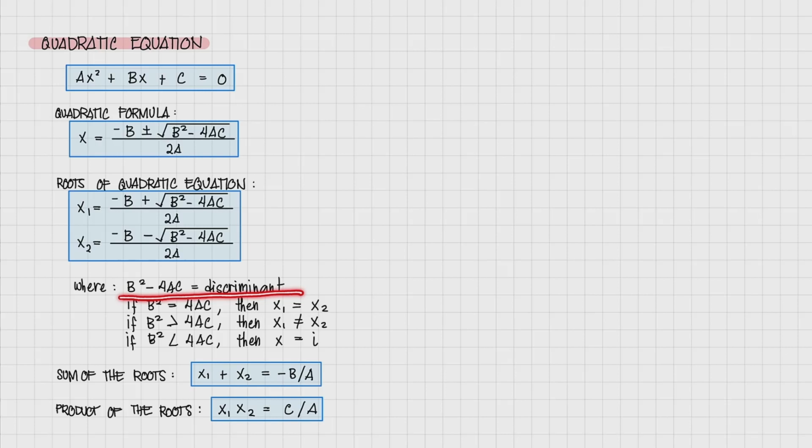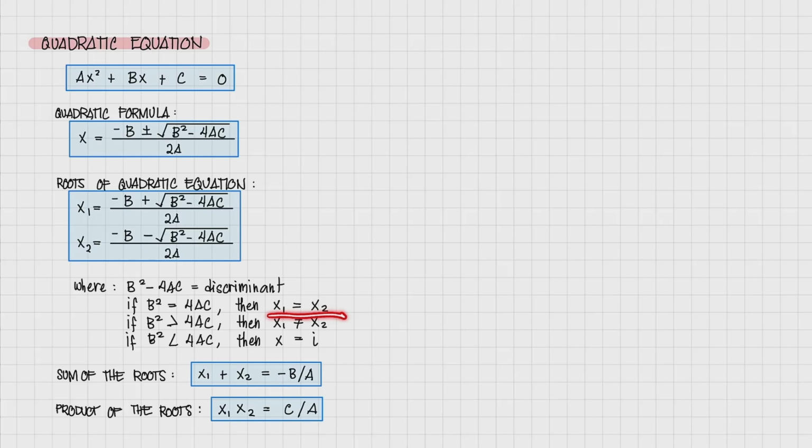And that discriminant actually determines kung ano yung magiging roots natin. So we have our condition. So the first condition is if b raised to 2 is equal to 4ac, then our roots are equal. So they are both rational and they are also equal.